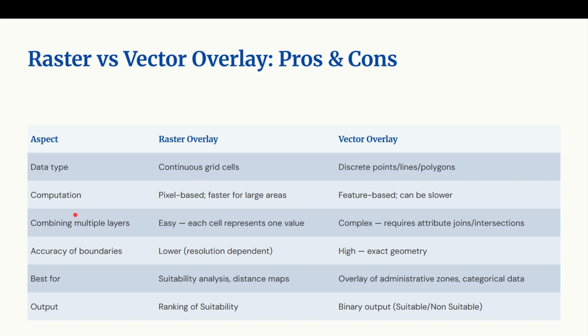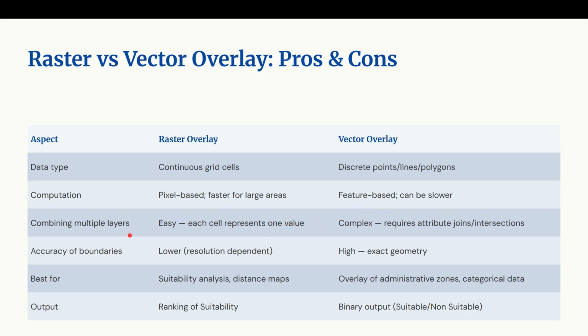For computation, in raster overlay we compute on a pixel basis, which is faster for large areas. But when doing overlay analysis for a larger area, vector overlay can be slower, because the geometry is defined, and for each geometry a vast amount of data is gathered. So the functionality of vector analysis can be slow.